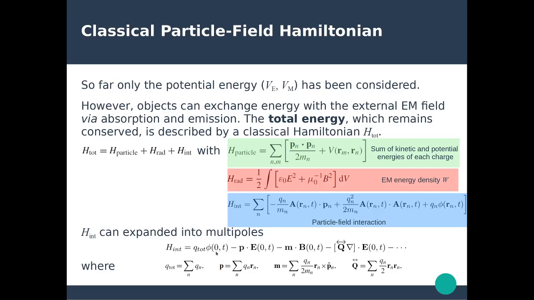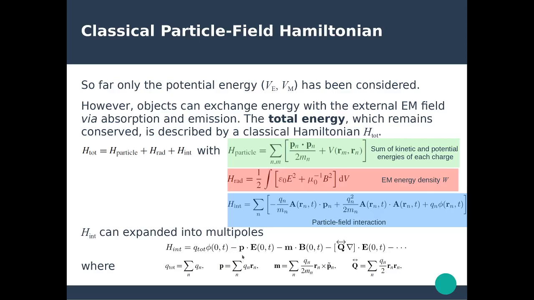If you have a system which is charge neutral, like just a molecule in its regular form, that's going to be the sum of both protons and electrons. So this is the net charge of this particle. Now, if you have, for instance, a charged particle or an ion or a cation, this will be positive or negative. Then you recognize the dipole interaction term here.